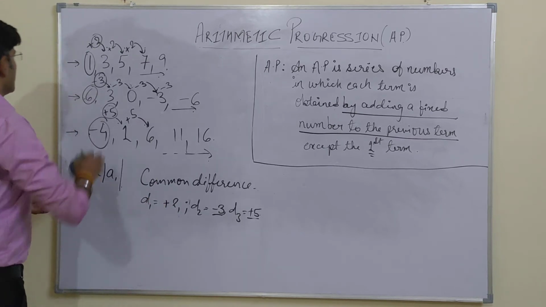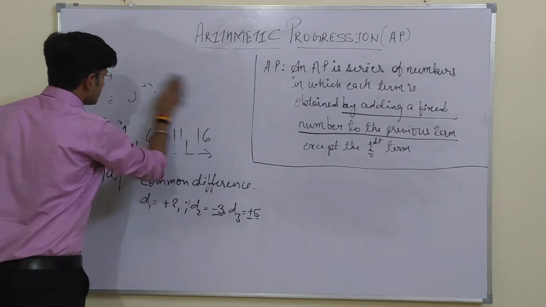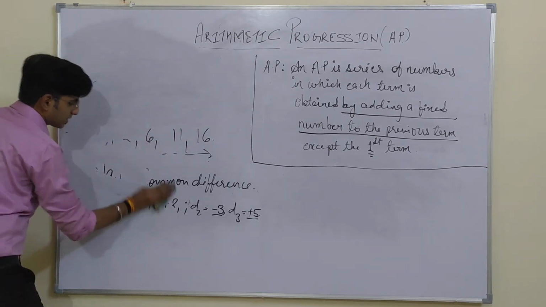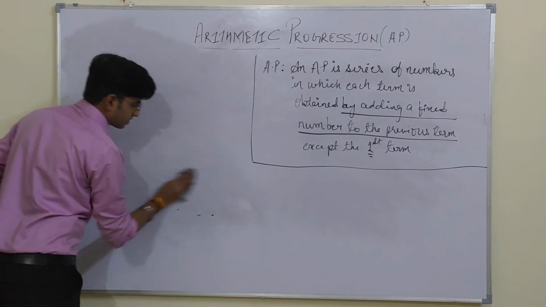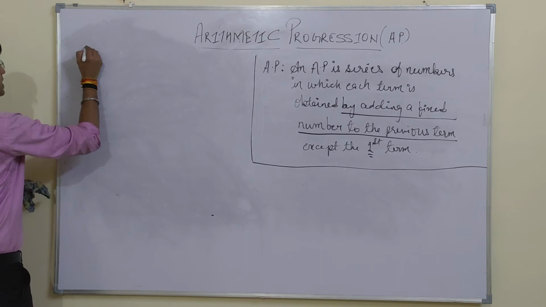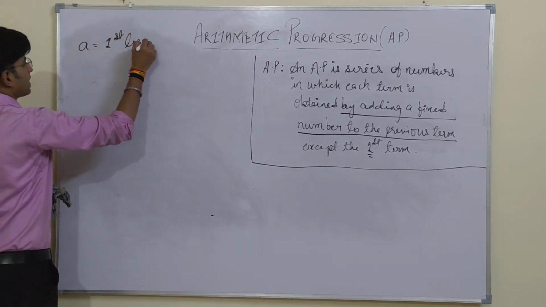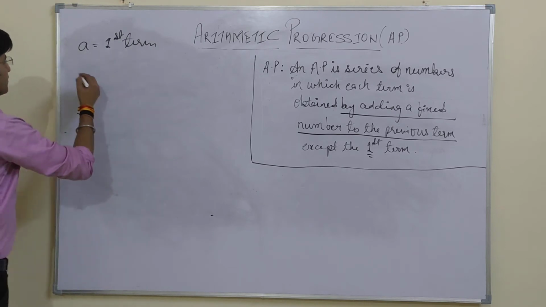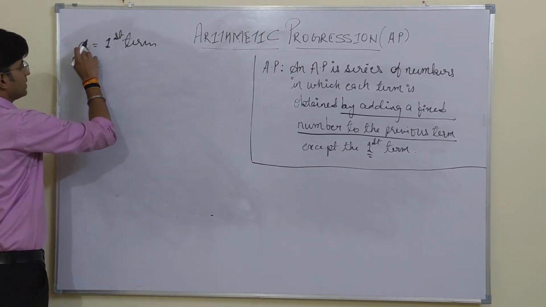Let's proceed further and write down a general sequence of how an arithmetic progression is formed in mathematics. Suppose we have the first term as a, then by definition the next term would be a plus d, adding the common difference to the previous term.